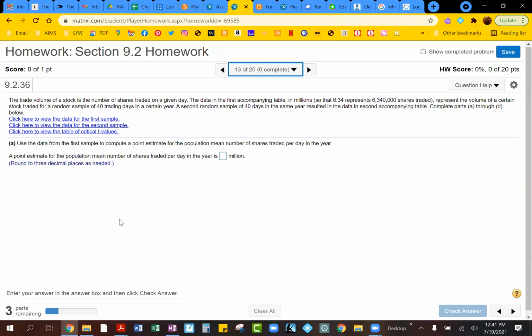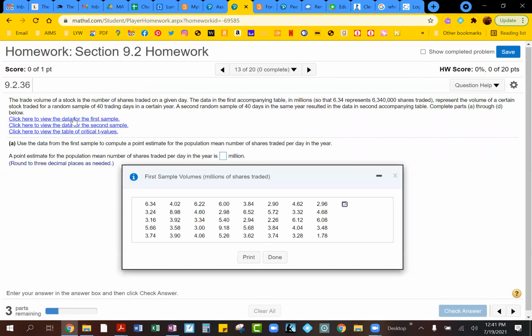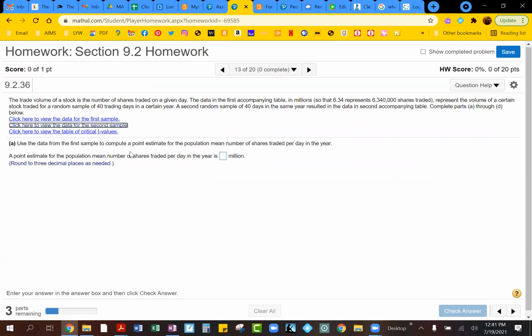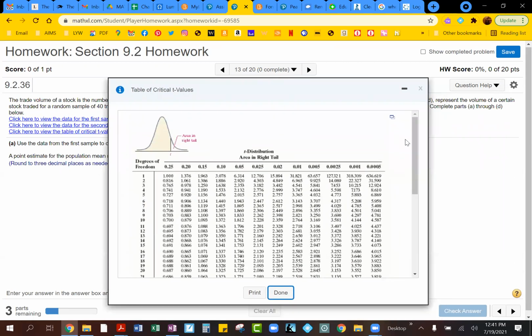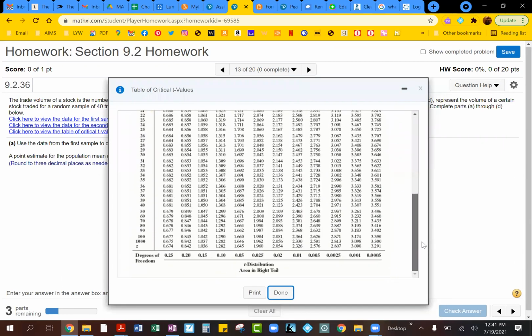So these are also based on confidence intervals, but here we are actually using t-distribution instead of the Z-scores that we were doing in the previous section. So they will actually give you, you can see this is your sample data that you will be using. Here's the second sample. And then here is where they give you those t distribution critical values.